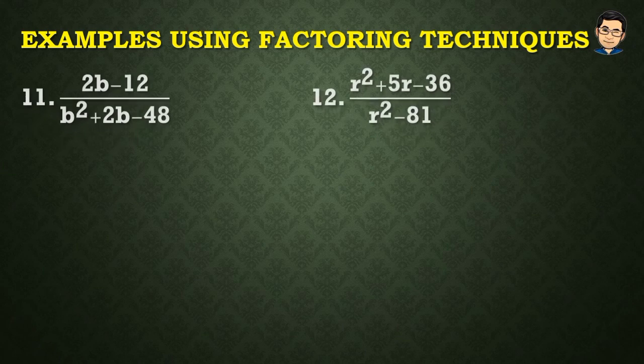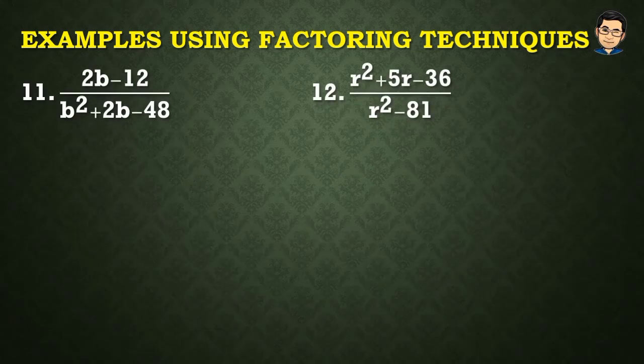Number 11, 2b minus 12 all over b squared plus 2b minus 48. So, maganda na alam nyo yung mga technique sa factoring kasi mas mabilis yung pagsisimplify natin ng rational expressions kapag familiar na kayo sa mga factoring techniques. So, number 11, 2b minus 12 all over b squared plus 2b minus 48.